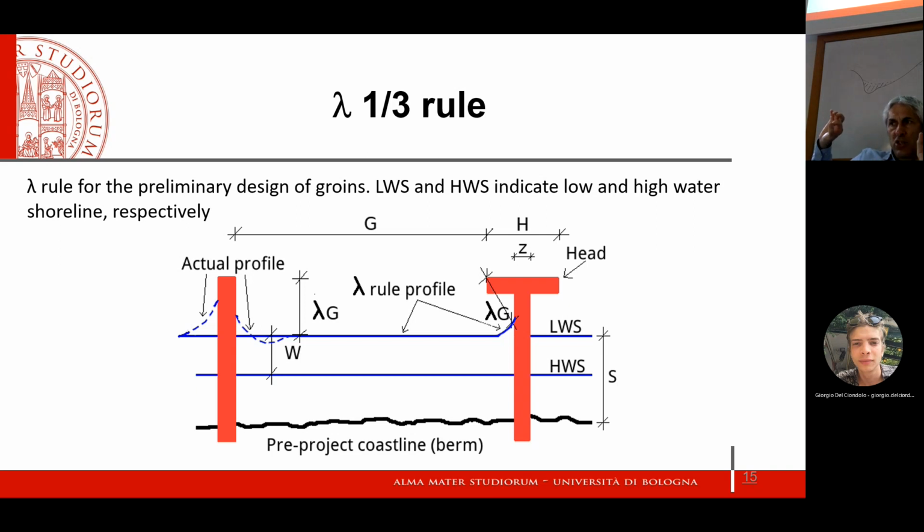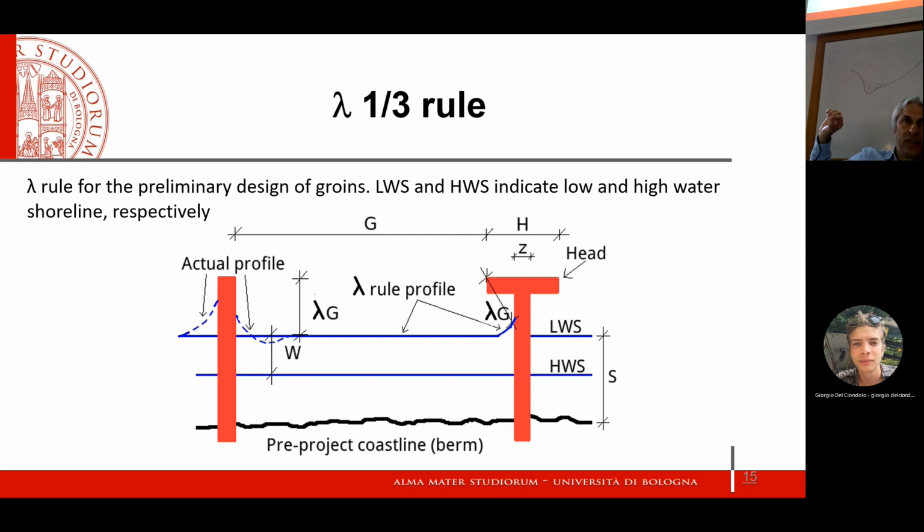If you indicate with G the gap between the groins, the low water shoreline, after reaching the equilibrium, and you see here the low water shoreline indicated with the acronym LWS, will be placed at a distance from the head of the groin that is equal to lambda G. G is the gap, where lambda typically takes the value 1/3.